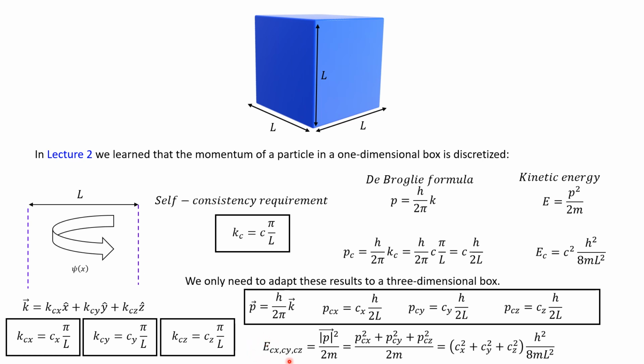And we still have that the energy is given by the magnitude square of the momentum divided by 2 times the particle's mass. So using this expression and these expressions for the components of the momentum, we end up with this expression for the energy of the particle in a three-dimensional box of length L.